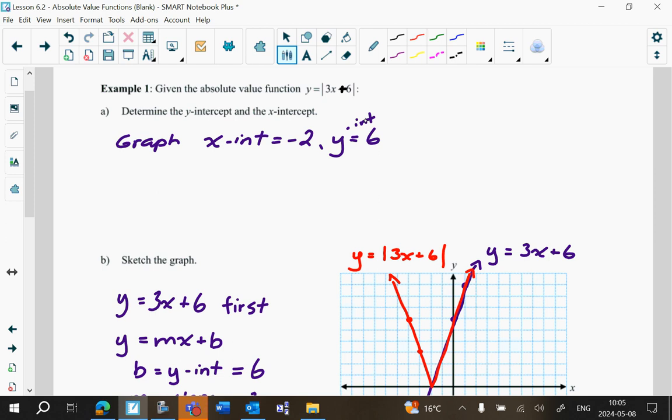But you can always do it using algebra. Remember, to find the x-intercept, make y equal to 0. So that means 0 is equal to the absolute value of 3x plus 6.